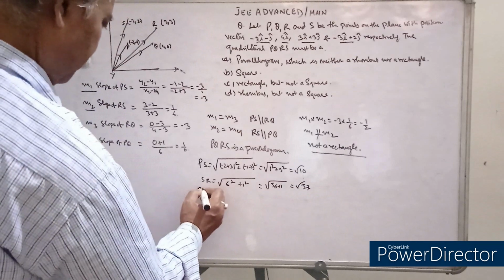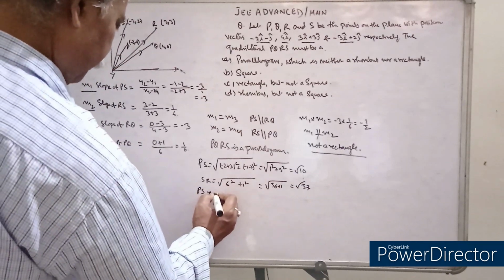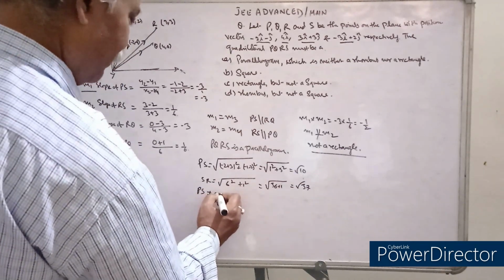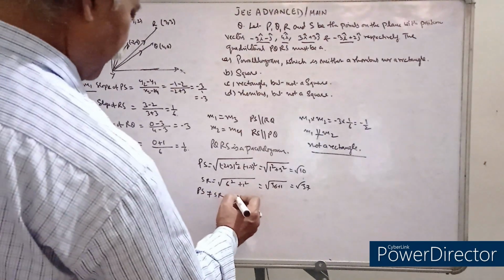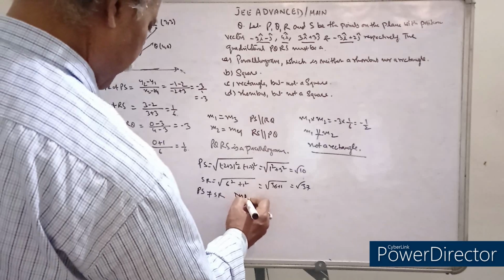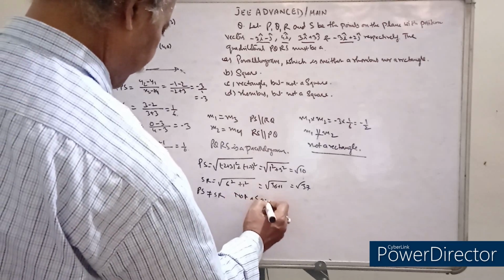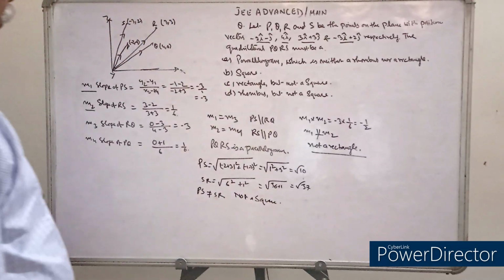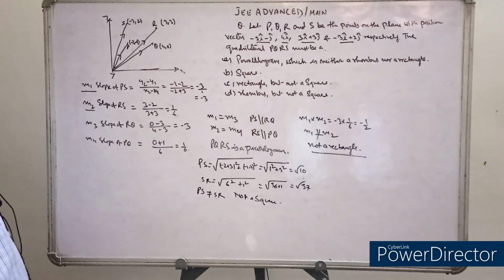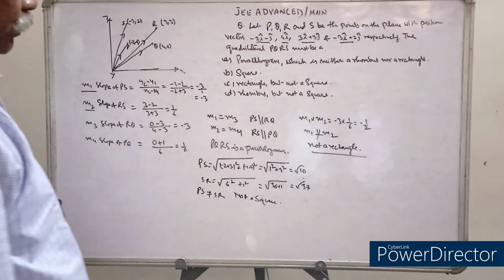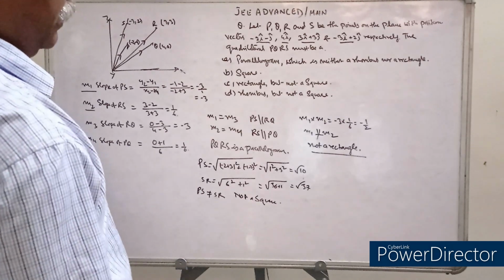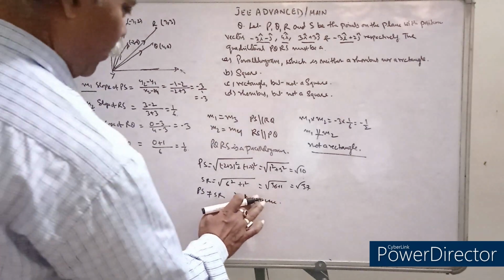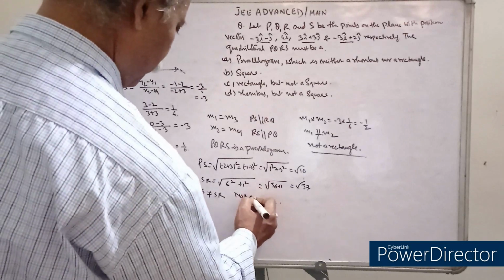So here PS is not equal to SR, so it is not a square, and not a rhombus.